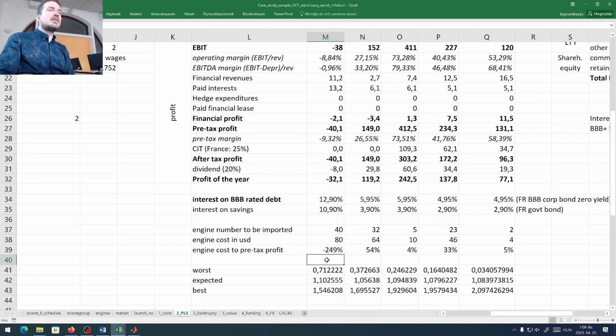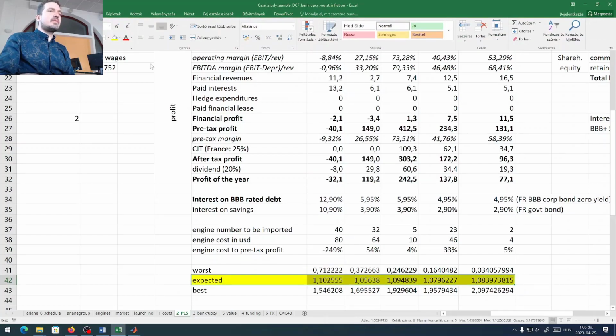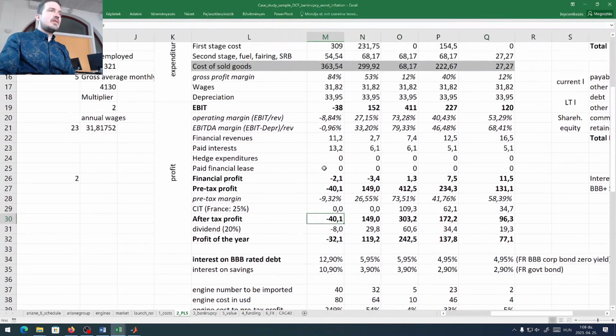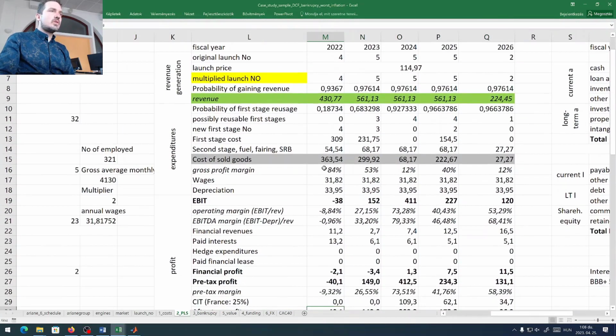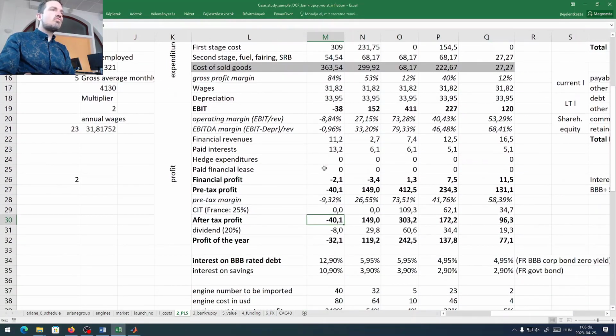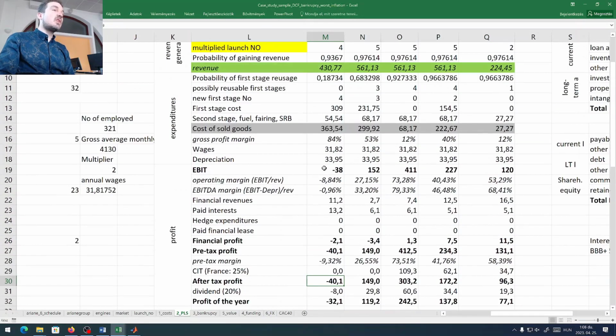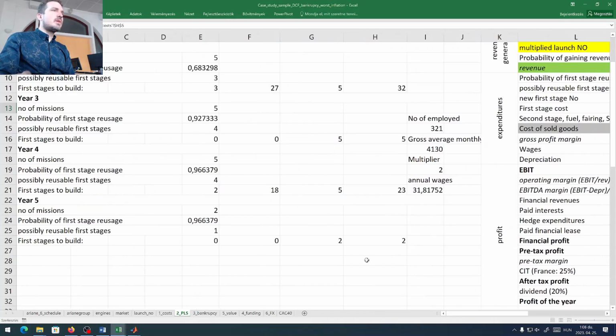And now first of all, let's check the expected scenario. So how can I do this in an efficient or lazy way? It depends on, because we have this first stage cost which is determined somehow.